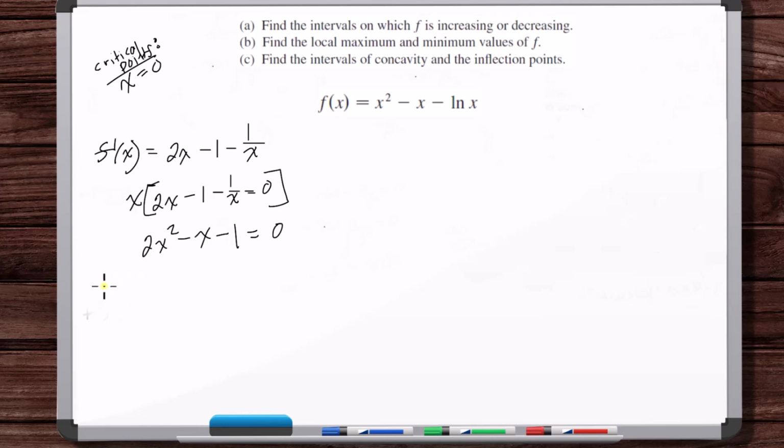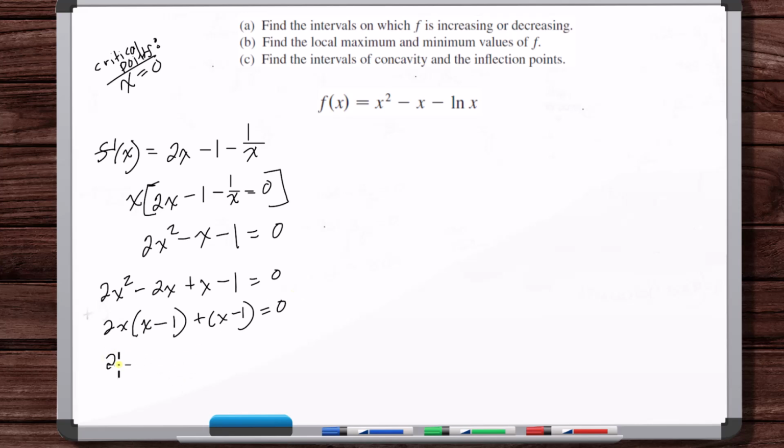Okay, so we could do 2x squared minus 2x plus x minus 1. That hasn't changed the equation, so now let's factor out a 2x here, and you get x minus 1, and then here you've got x minus 1.